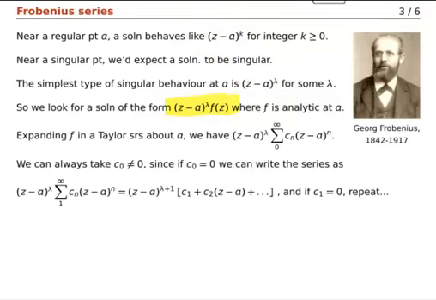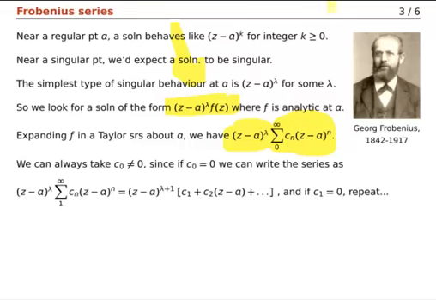So this is the type of solution that we're going to be looking for. And if we expand f in a Taylor series about a, we can write this as z minus a to the lambda, that's that term, times f of z, which can be expanded in its Taylor series about the point a, because f is analytic at a.